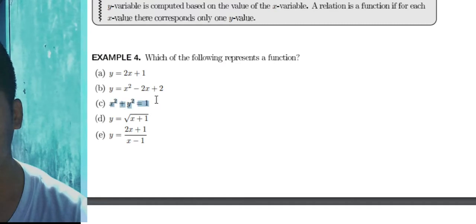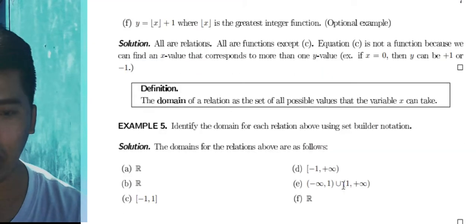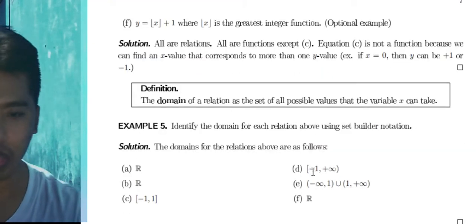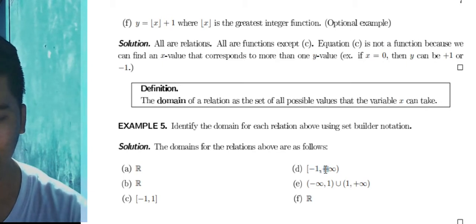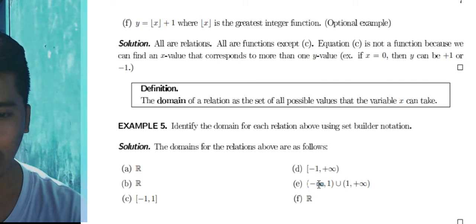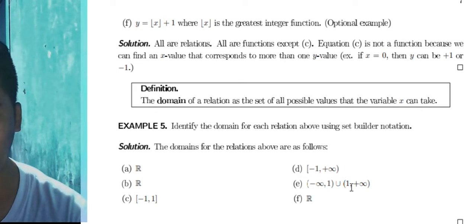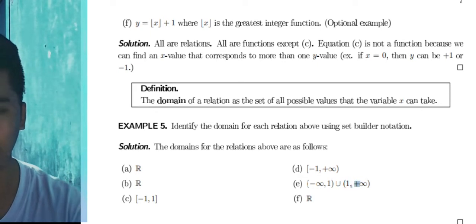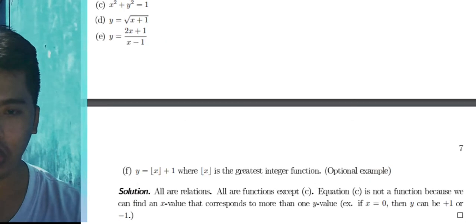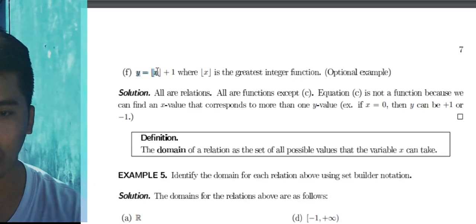Now for D, that would be -1 and positive infinity. Letter E would be negative infinity to 1, union 1 and positive infinity. For the last letter, that would be the real numbers.